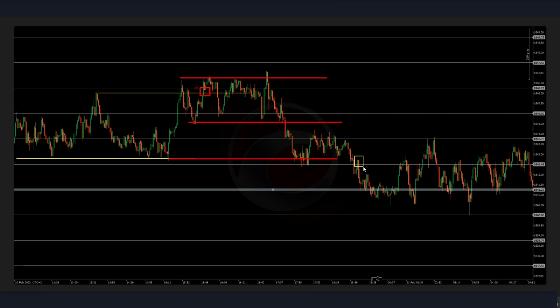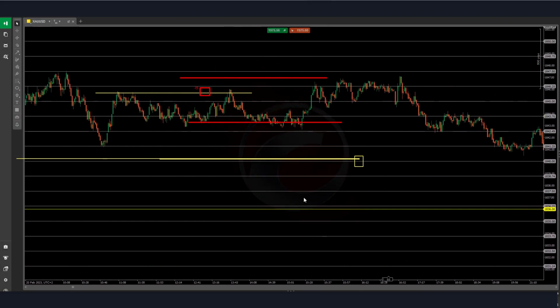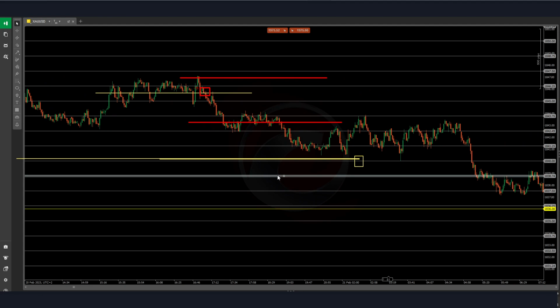Let's see, this was the entry that I was referring to, because it's breaking below and retesting it. Let's see on the broker what the price action will be on the 20th.